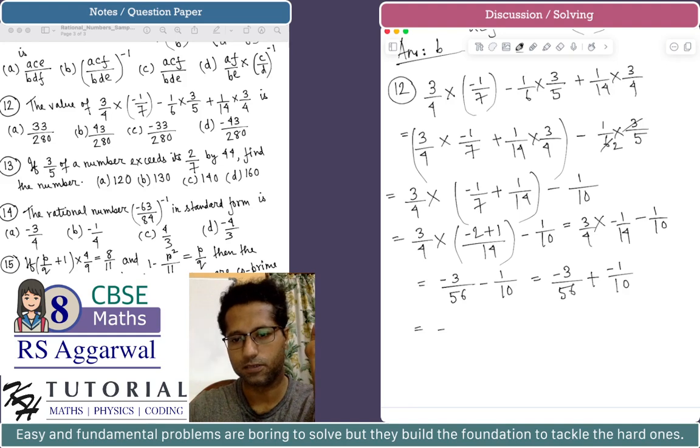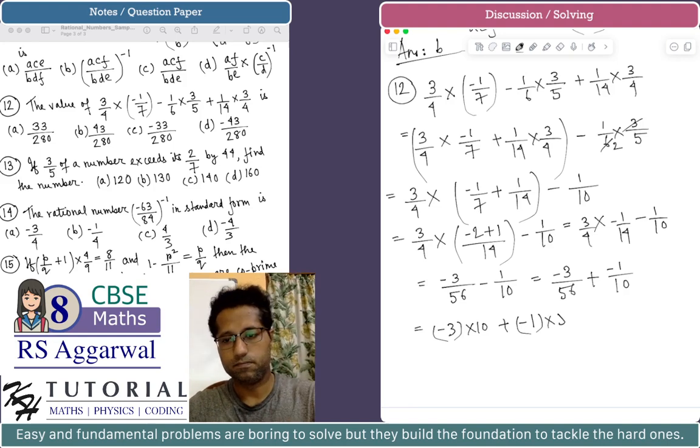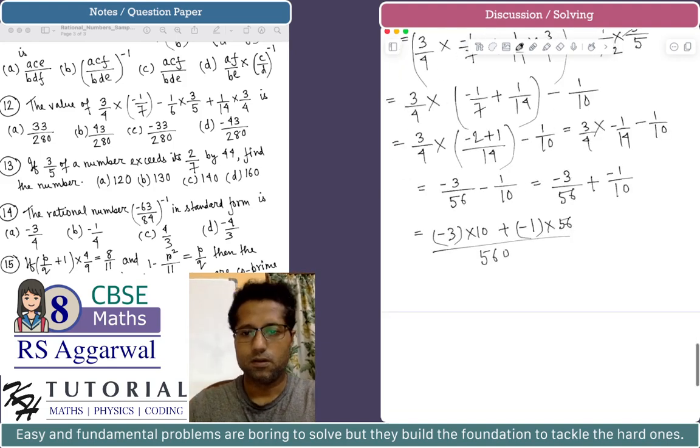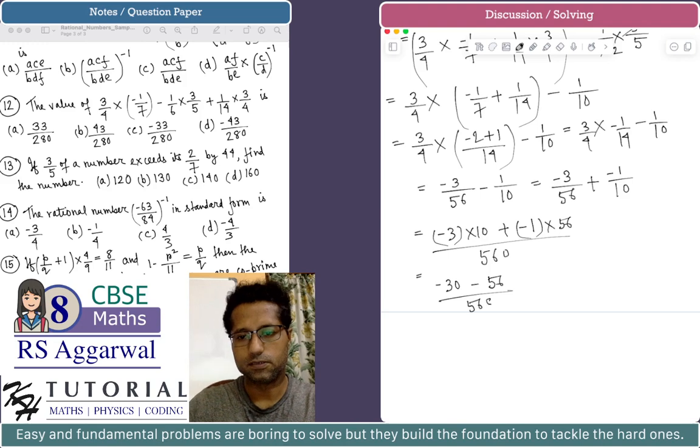So this will be minus 3 multiplied by 10 plus minus 1 multiplied by 56, divided by 560. So this is equal to minus 30 minus 56 divided by 560.